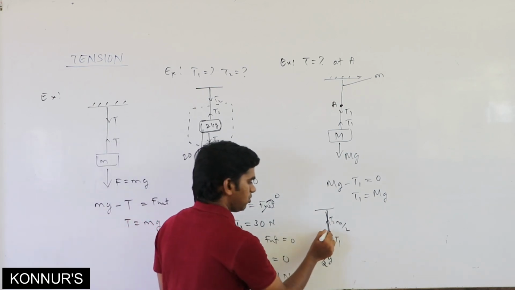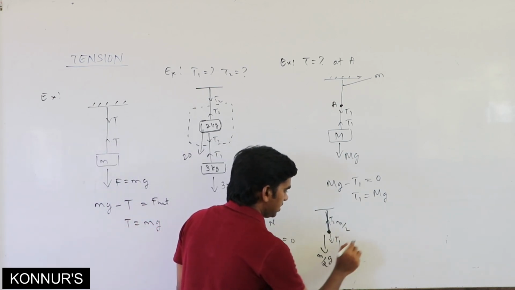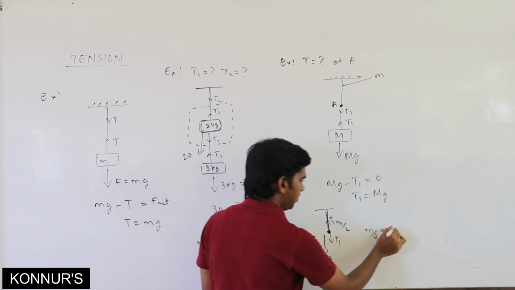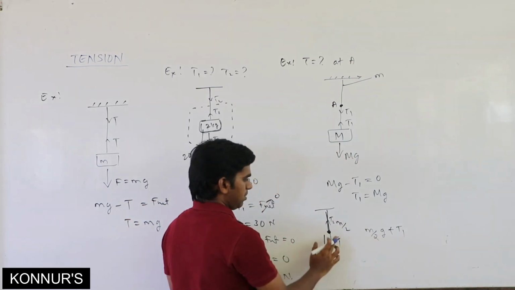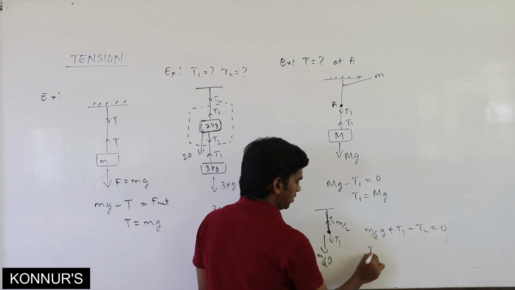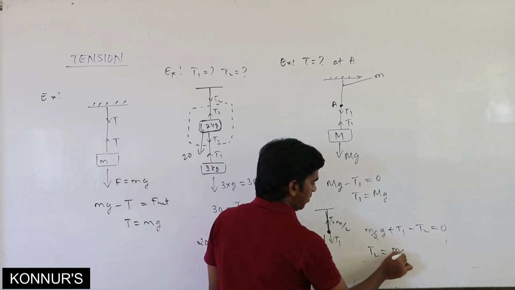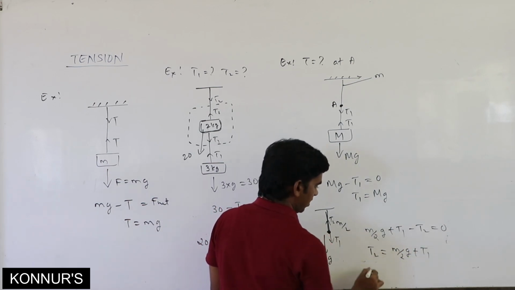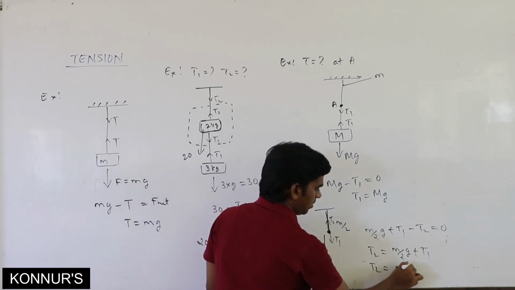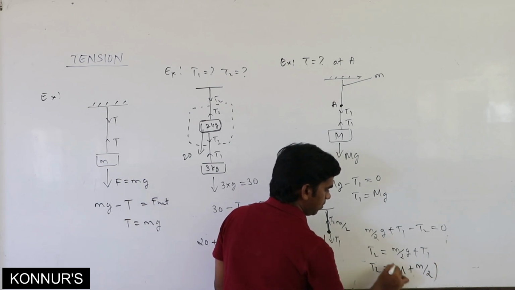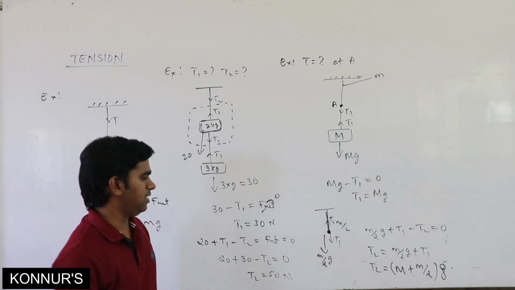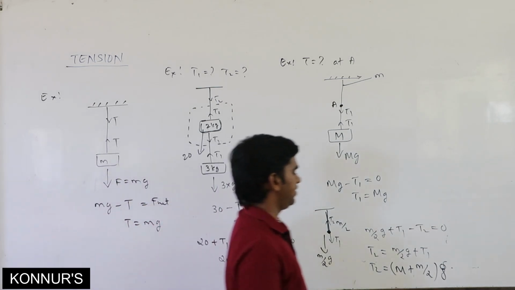Net force on this point is m by 2 into g plus T1 minus T2 equals 0. So T2 equals m by 2 g plus T1. T1 is mg, so (m plus m by 2) into g is your tension T2. This is how you can find the tension.